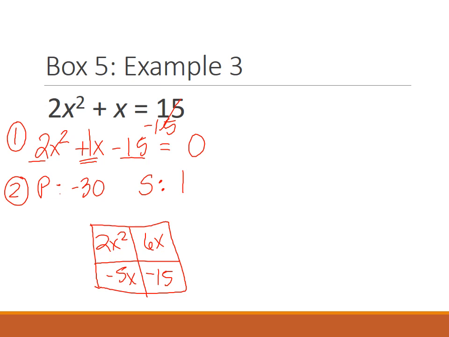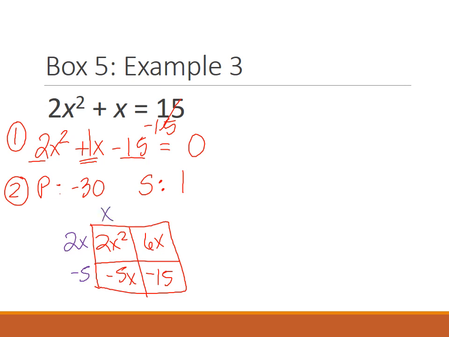So when you're doing the box method, what you're asking yourself is, what's the greatest common factor of each row and each column? So this row, first row, what's the greatest common factor? 2x. Second row? 5. Negative 5, right? GCF of the first column.